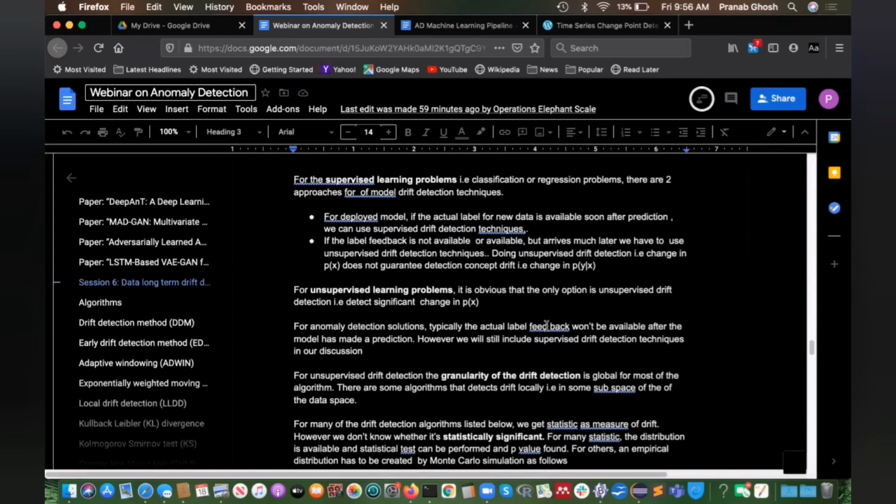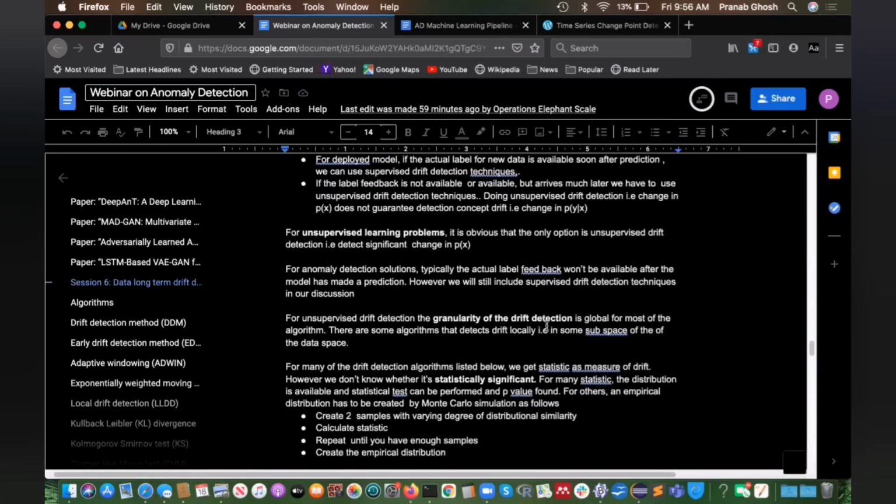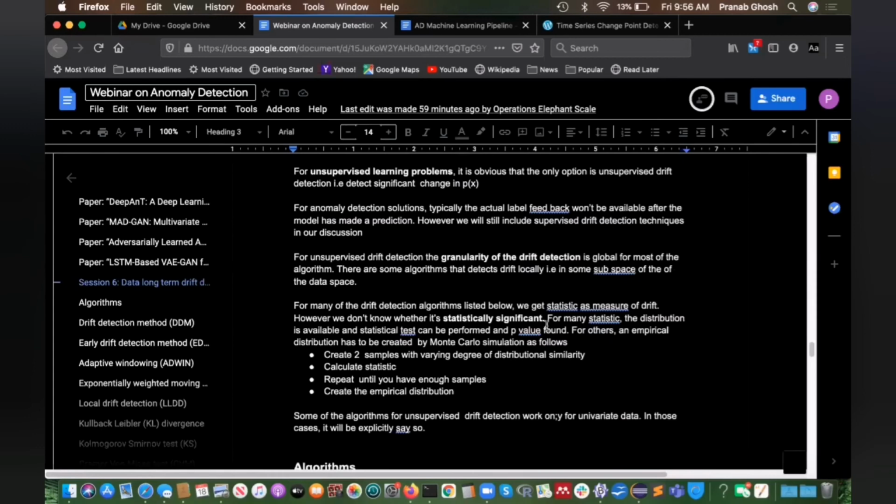Concept drift is one of the significant deployment issues for machine learning models. Once you deploy a model, you have to constantly monitor it using any of these algorithms, and then rebuild and redeploy the model once a drift has been detected.